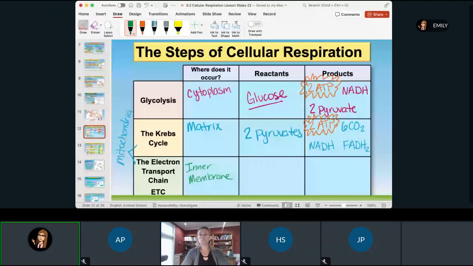What are the 3 reactants or ingredients that I need for the electron transport chain? I need 3 things for the ETC to take place. What are those 3 things?